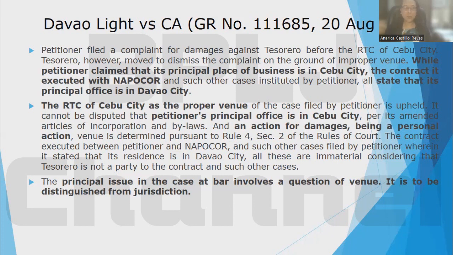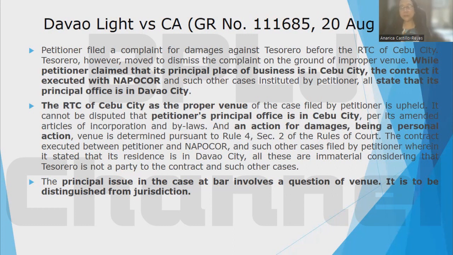So the motion of Tesorero was that the principal place of business of Davao Light is in Davao City and not in Cebu City. Okay, the Supreme Court said the RTC of Cebu as the proper venue was upheld.